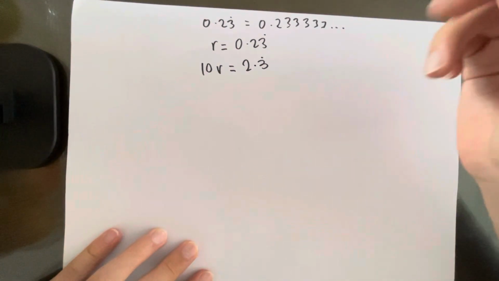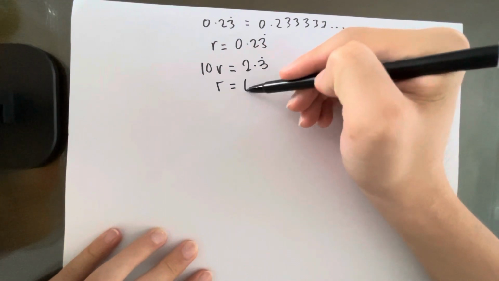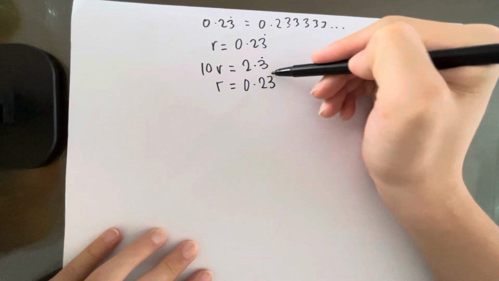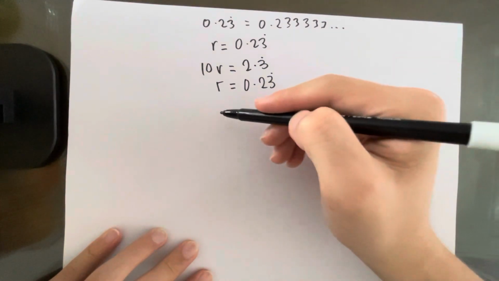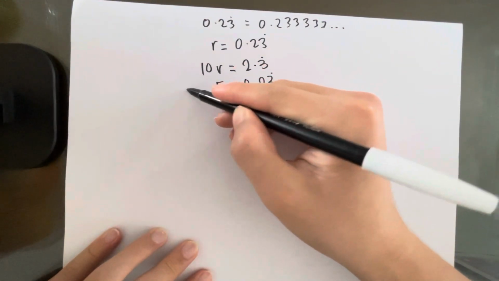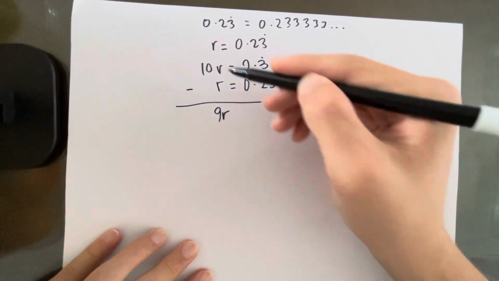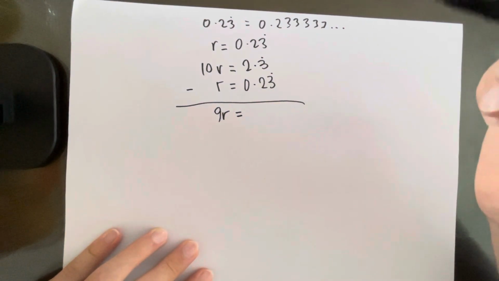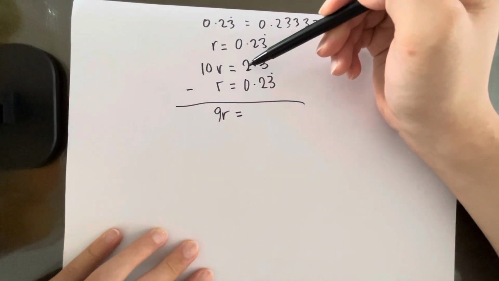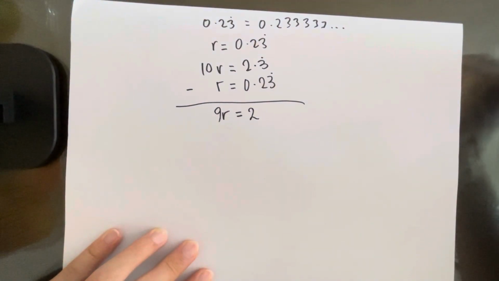But if we minus r from this now, r was 0.23 recurring. If we minus this, 10r minus r is going to give us 9r. And this 2 minus 0 is going to give us nothing, so it stays as 2.